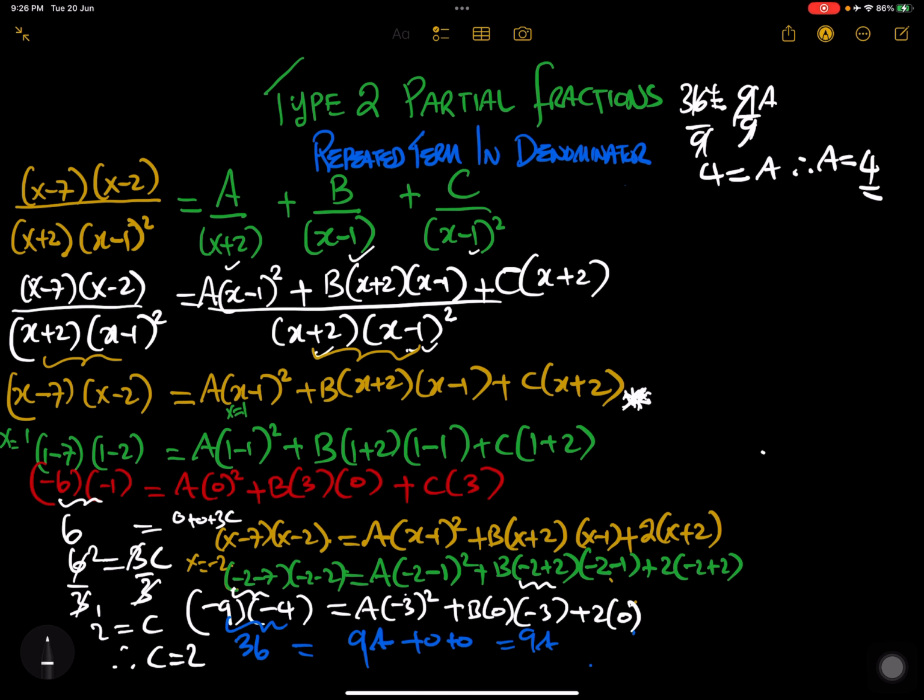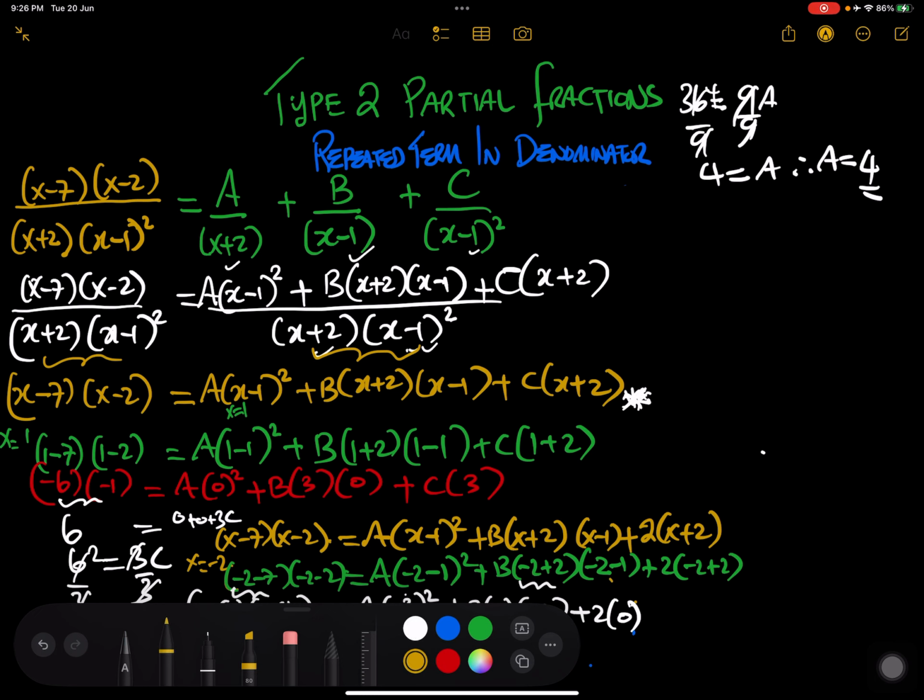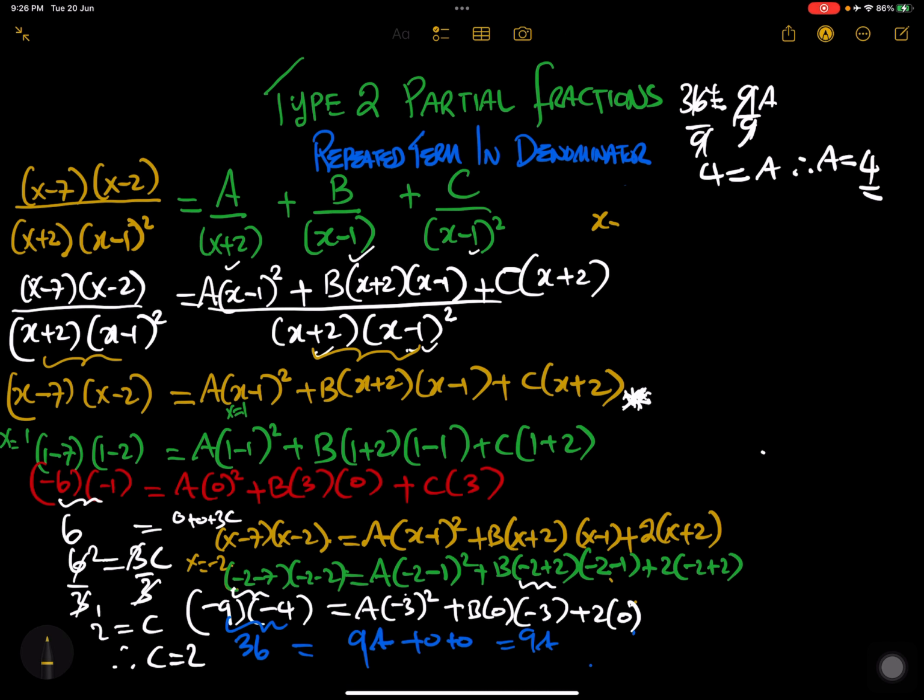To do that, we're going to have (x − 7)(x − 2) on the left hand side, and then we bring the right hand side, which is going to be a(x − 1)² plus the b. Do we have anything on b? So far we have c and we have a, so I could put the a back there.